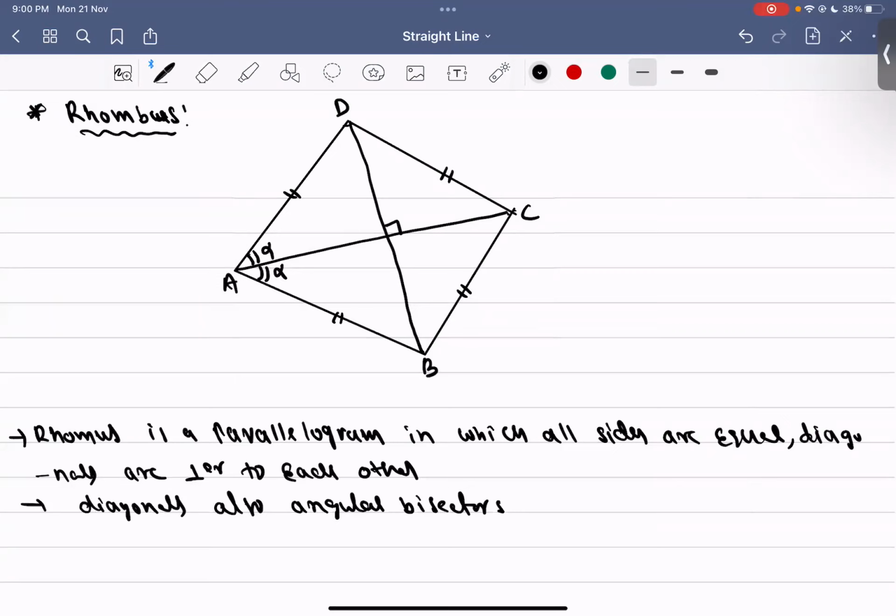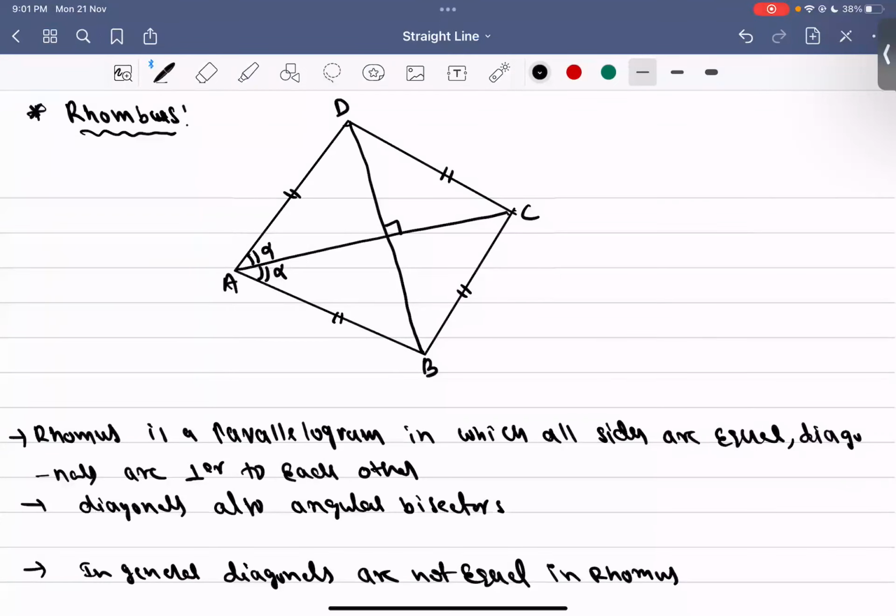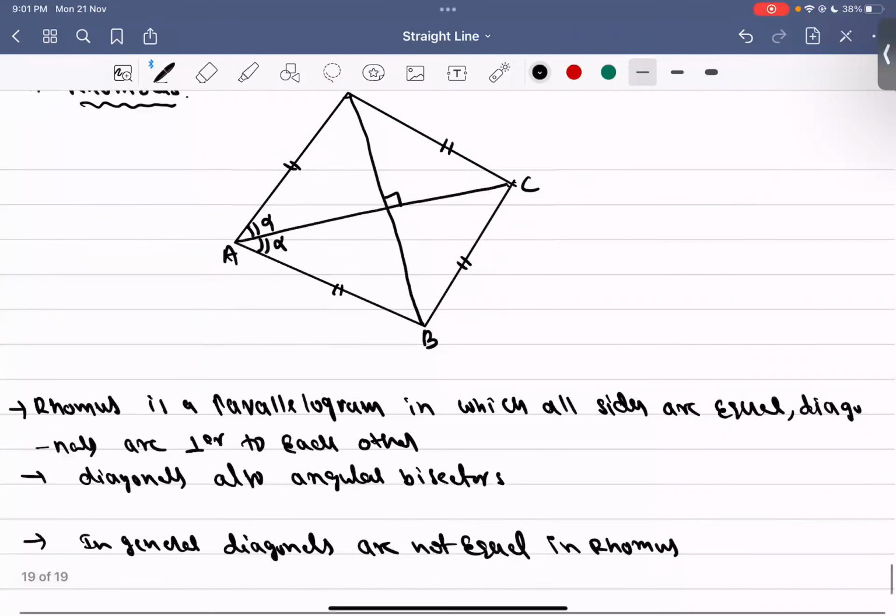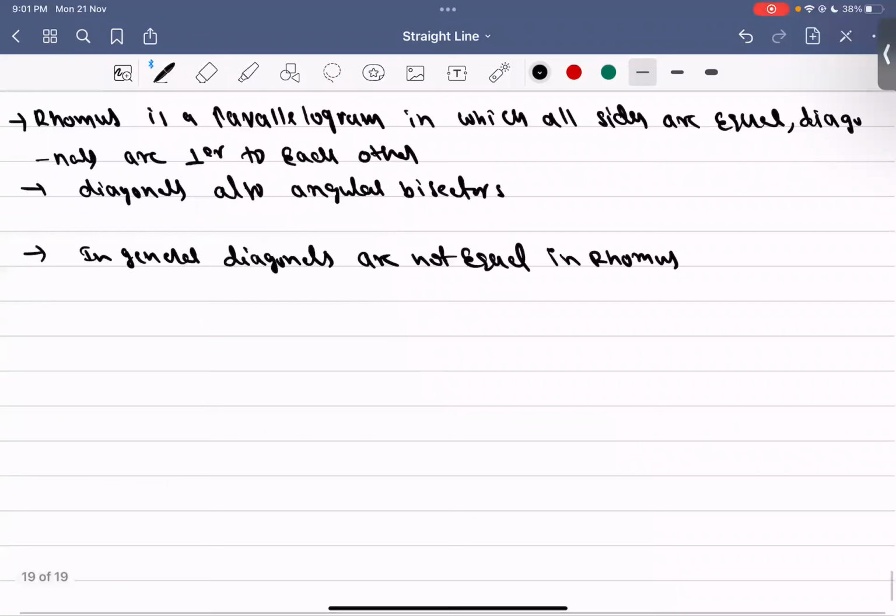That's why in general diagonals are not equal in a rhombus, but in the special case, a square, the diagonals are equal. Clear?